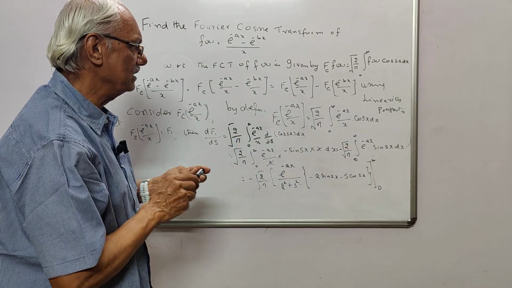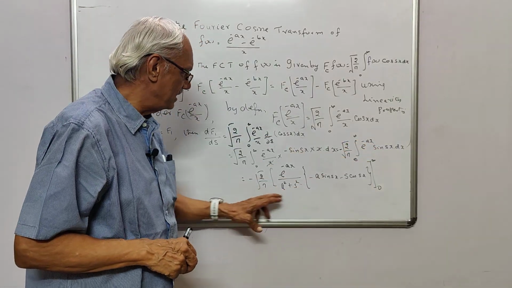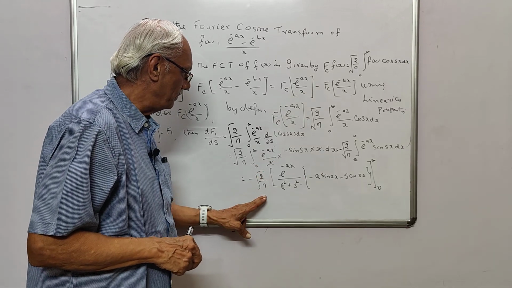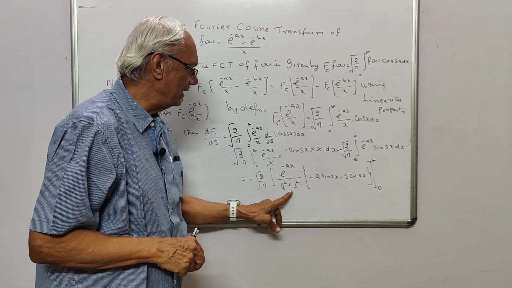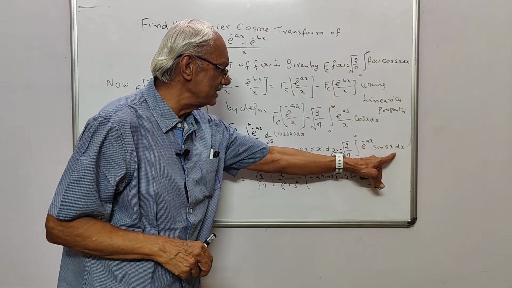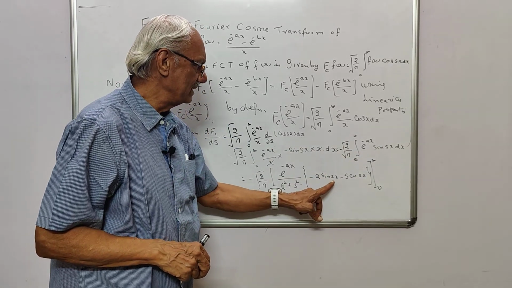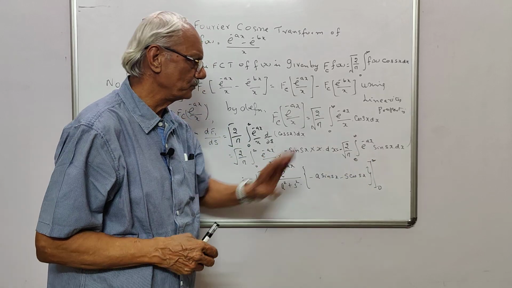So you see that this is what I will get. The integral value of this is minus a sin sx minus s cos sx.